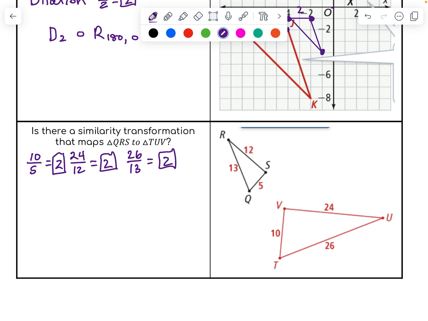So the easiest way to describe this is to just line things up.